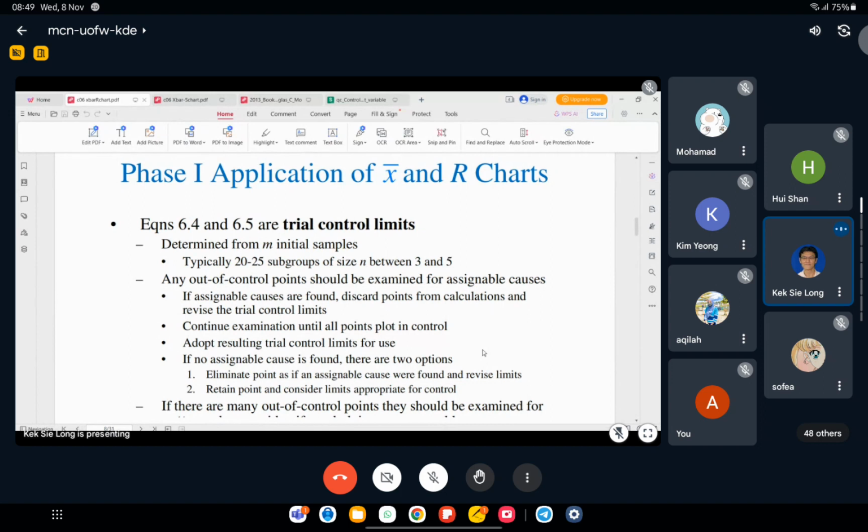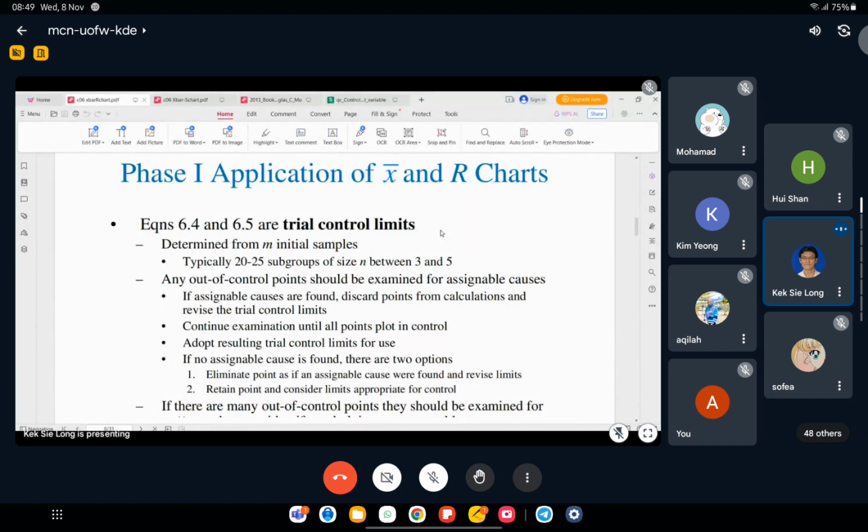It means that when we first collect the data, what information can we obtain from the control chart? Because of this, the control limits from equations 6.4 and 6.5 can be called trial control limits, because this is the first time we collect the data and plot the control chart.